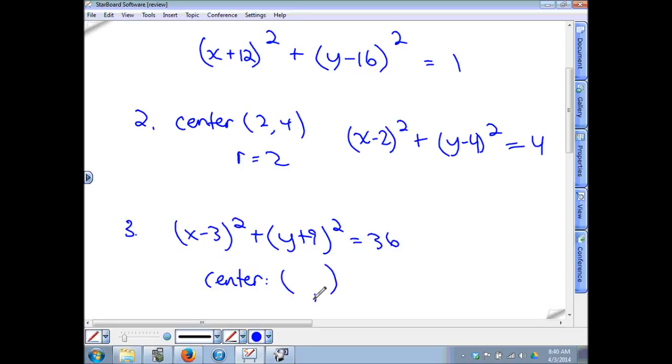Students get so caught up in moving quickly through a test because they want to be done, they make a really dumb mistake on these kind of questions. What's the center? It's positive 3 and negative 9. You have to take the opposite. Positive 3, negative 9, and the radius is the square root of 36, which is 6.